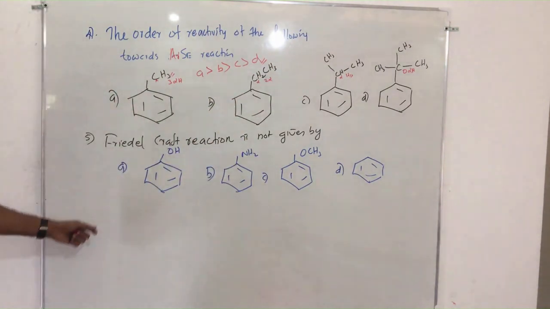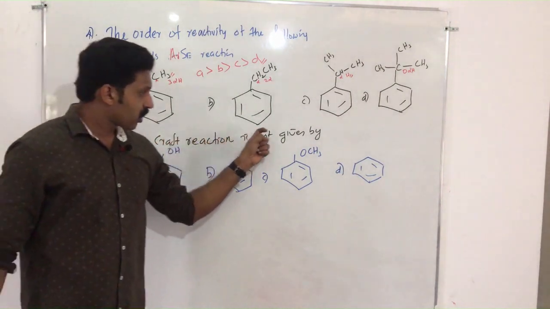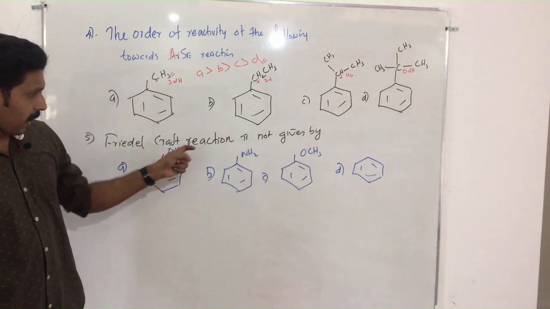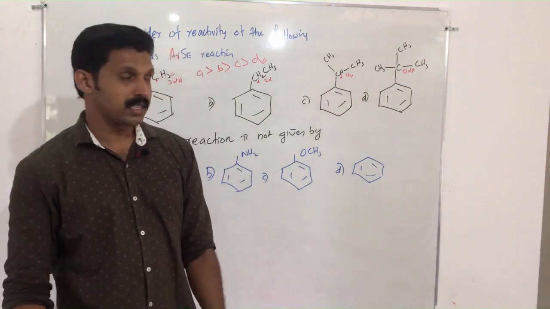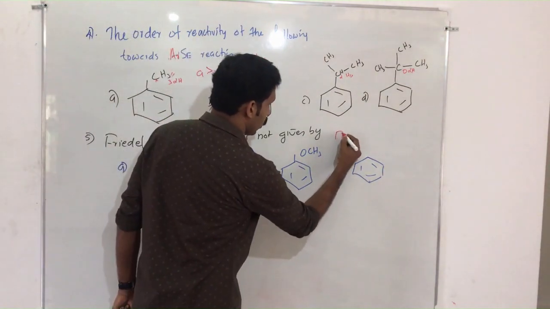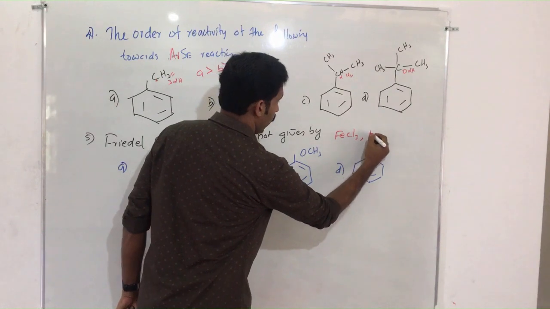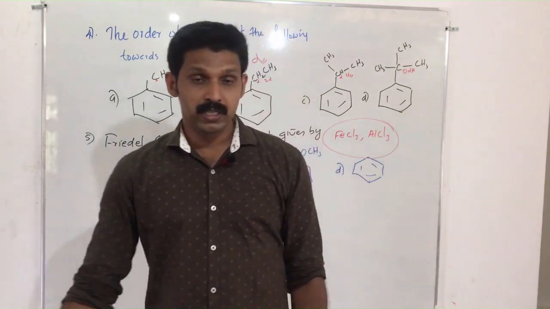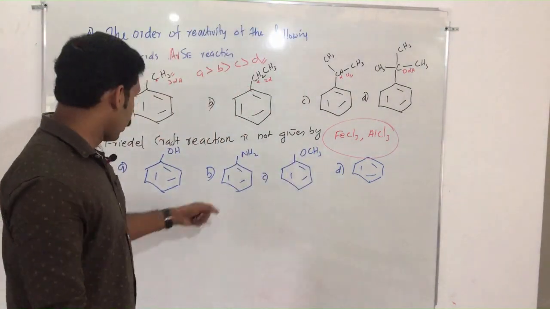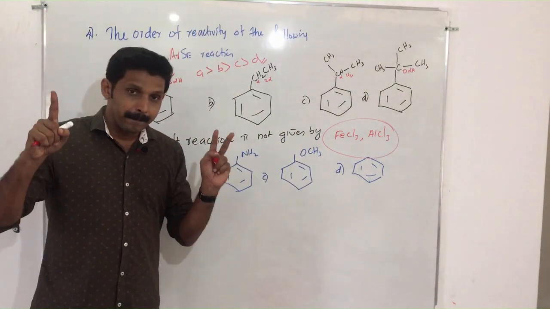The next question: the Friedel-Crafts reaction is not given by which of phenol, aniline, OCH3, this one. In the Friedel-Crafts reaction there is a catalyst, FeCl3 or AlCl3, etc. Their peculiarity is that these are Lewis acids. Definitely aniline is a base.